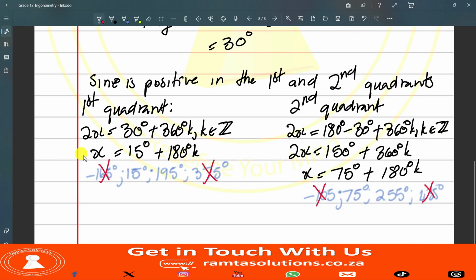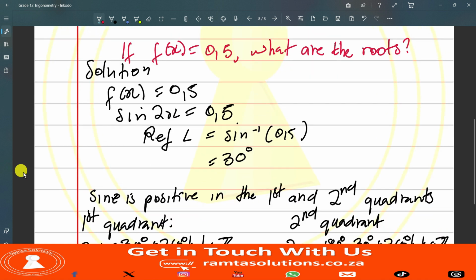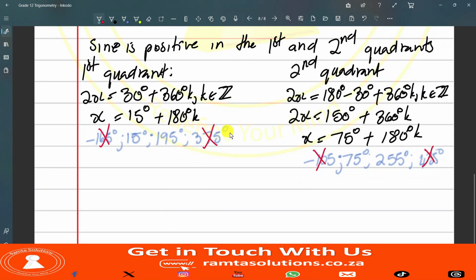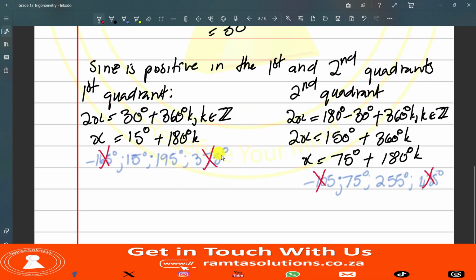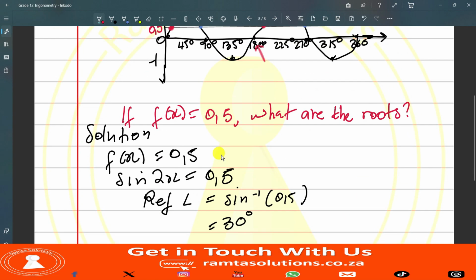Here, that's general solutions. But if you want to find particular points, you then do what I did here. Eliminate those that are not within the domain. Okay? And this is how you do it, guys. If you can master this, you have all your 50 marks of trigonometry.